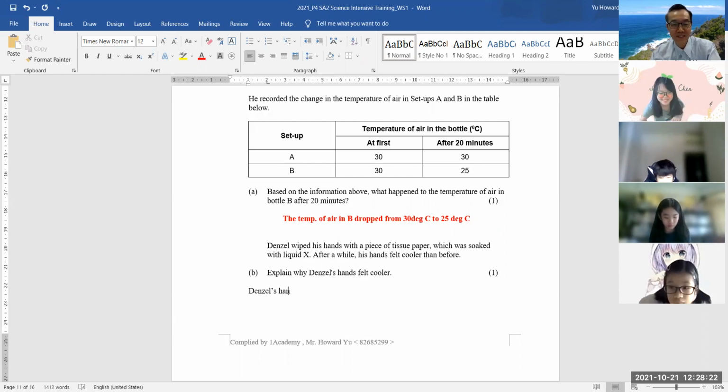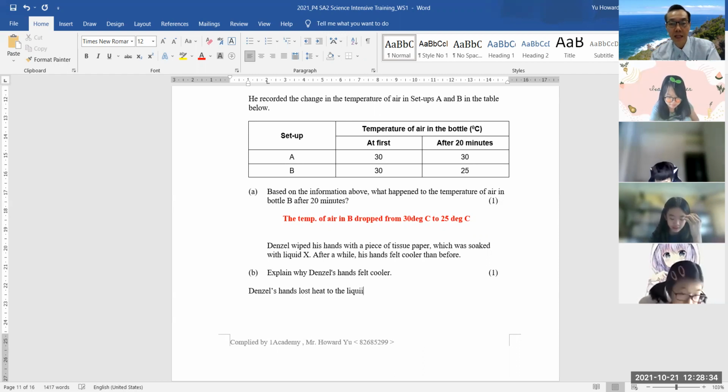Very good observation. Okay, Denzel's hand lost heat to what? To the liquid X. Yeah, to the liquid X. Do we need to say it contracts?